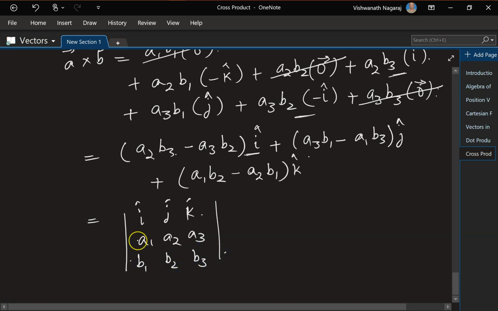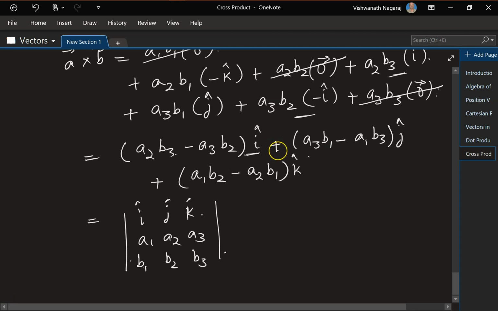Now let's evaluate the determinant. I times A2 B3 minus A3 B2. Similarly, minus J times A1 B3 minus A3 B1. The order is reversed, but outside it is minus.